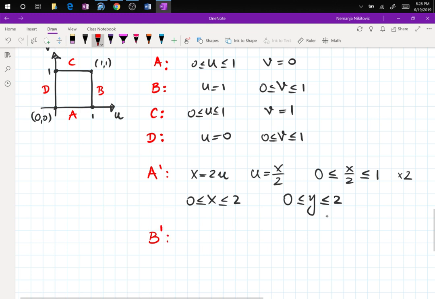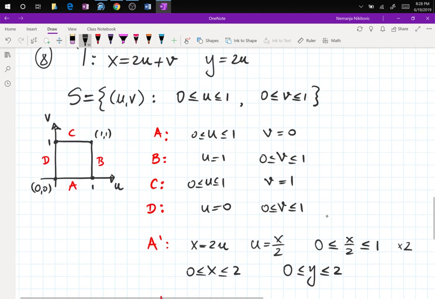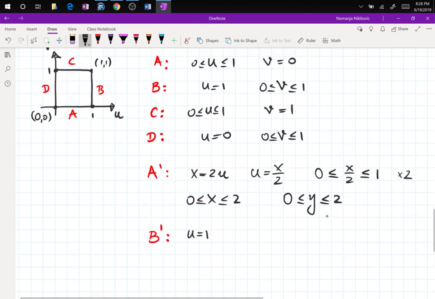Transformation for B prime. U is always 1. So if U is always 1, then we have x equals 2 plus v, and y is equal to 2, always. Well, that's already an equation. And I have that x is equal to 2 plus v.